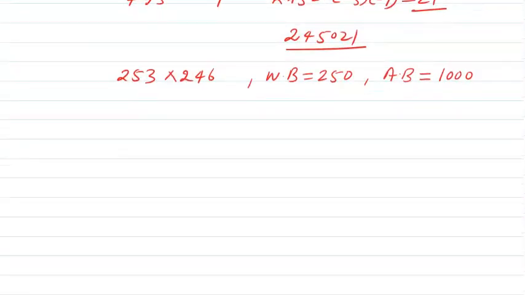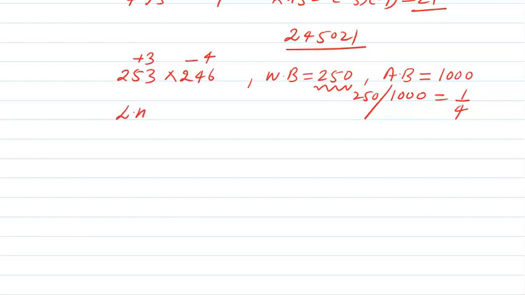So this is plus 3 more than 250. I repeat, I am taking the working base as 250, and the proportion here will be 250 divided by 1000, which is equal to 1 by 4. So this is plus 3 more than 250, and this is minus 4 less than 250.